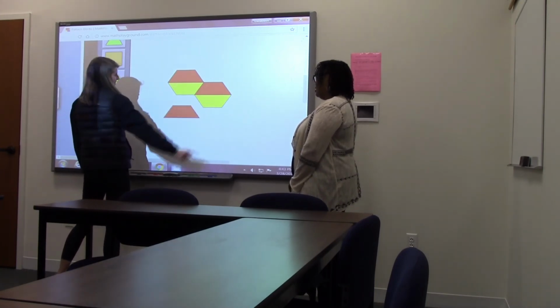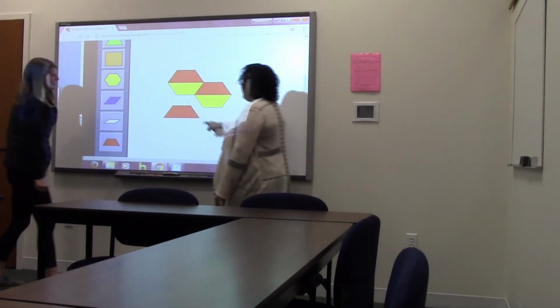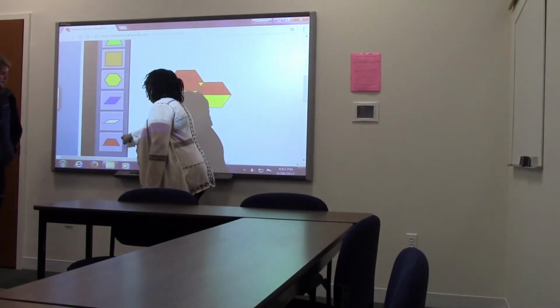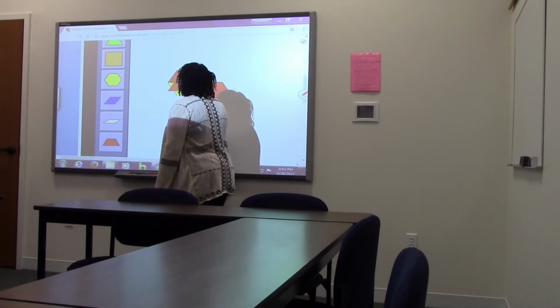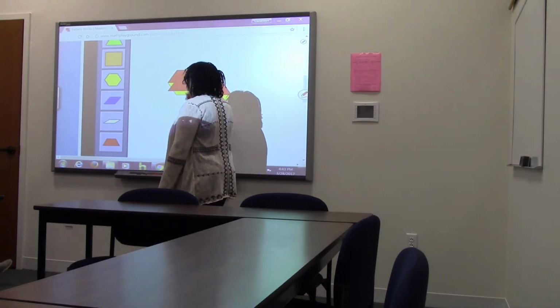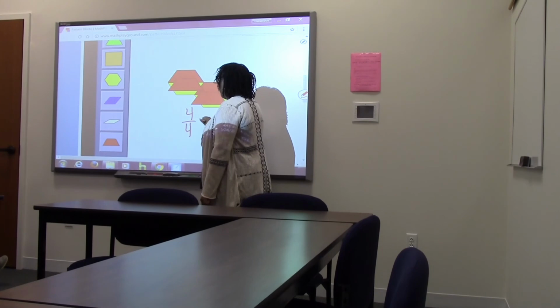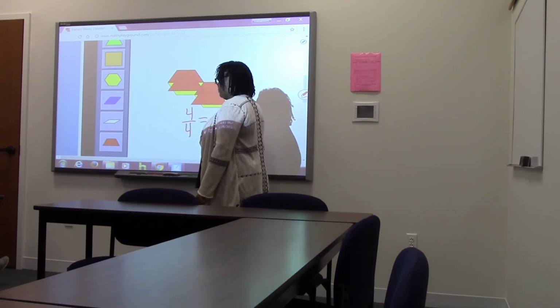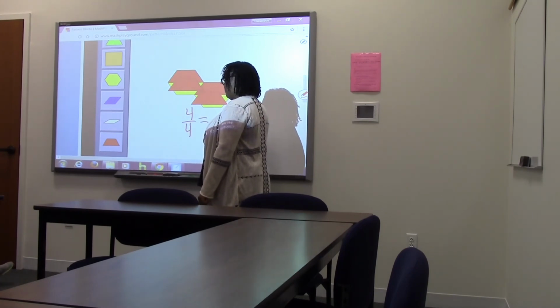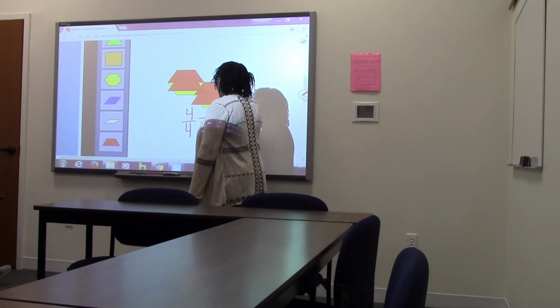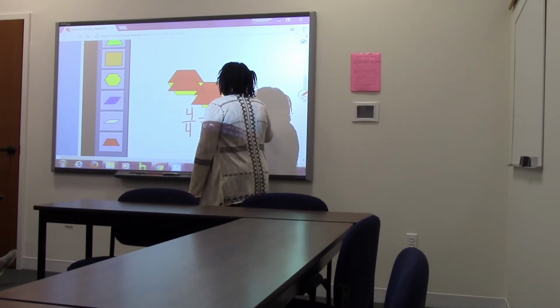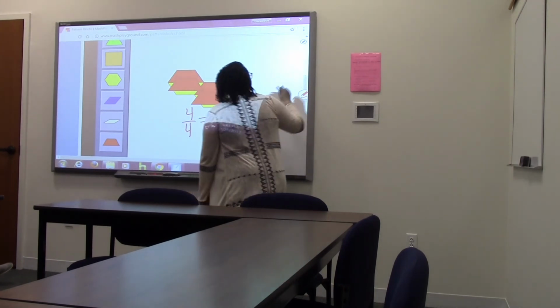Then you have 4. Yeah, so then you would have 4. So then we would know that 4/4, because there's 4 and each trapezoid represents 1/4, equals what? 2/2. Yeah, or 1 whole.